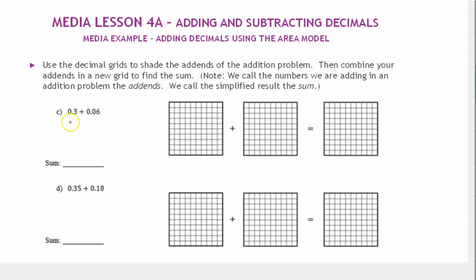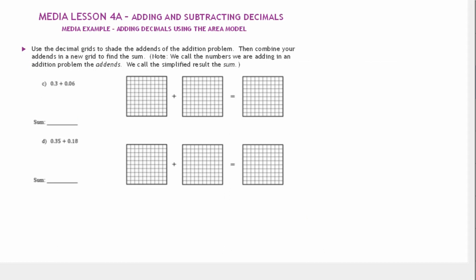We're going to look at 2 more. Here we're going to add 3/10 and 6/100. So 3/10, I'm going to use 3 orange strips. And then for 6/100, it will be 6 yellow squares.